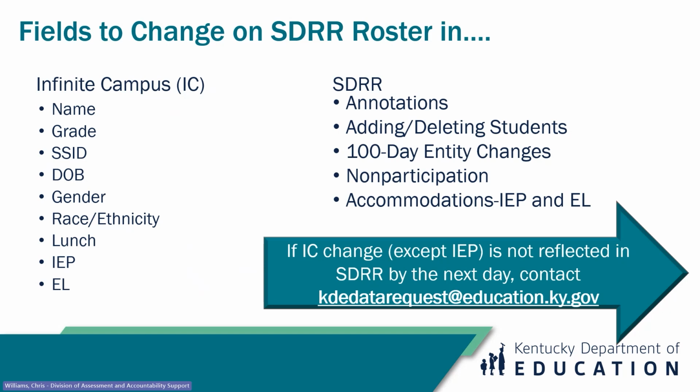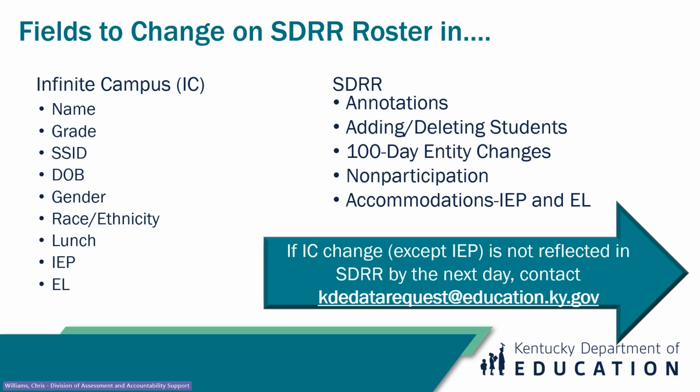Now, there are some things that you're going to have to do in Infinite Campus first before it will come over into SDRR. That is the demographics of name, grade, SSID, date of birth, gender, race, ethnicity, lunch, IEP, and EL.